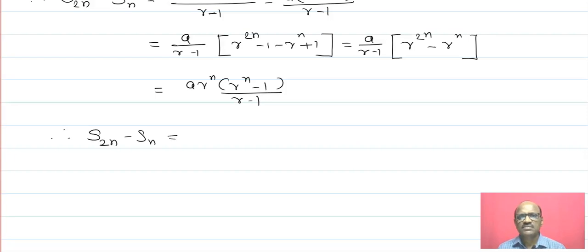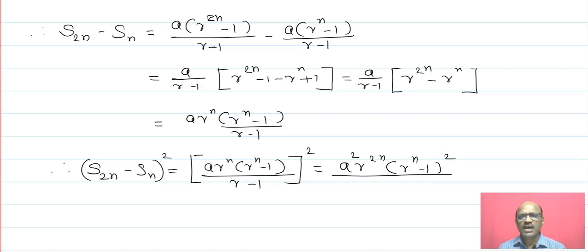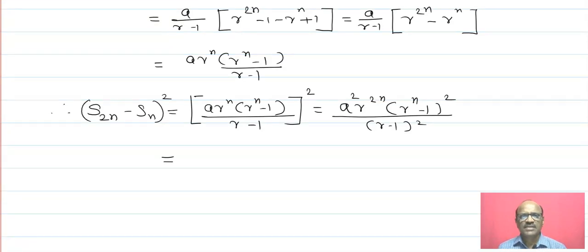Therefore, S2n minus Sn bracket square is equal to A into r raised to n minus 1 upon r minus 1 whole bracket square, which is equal to A raised to 2 r raised to 2n into r raised to n minus 1 bracket square upon r minus 1 bracket square, and that is equal to A into r raised to n minus 1 upon r minus 1 taken as common.